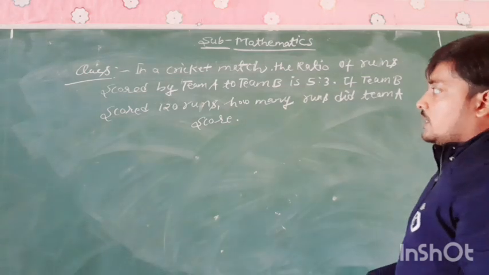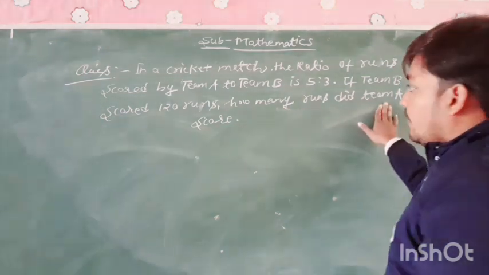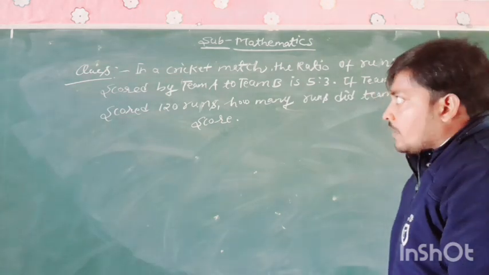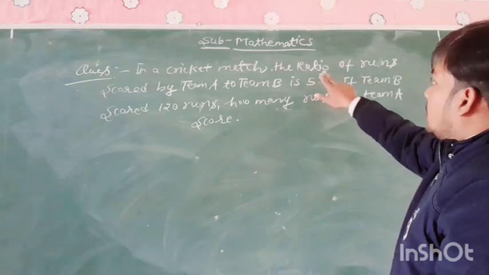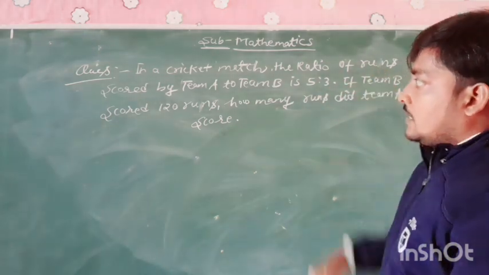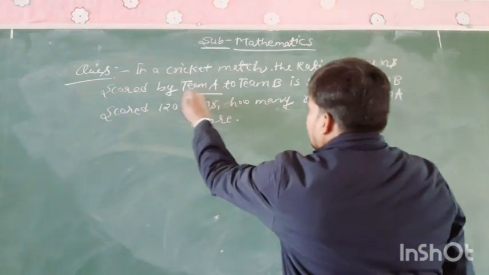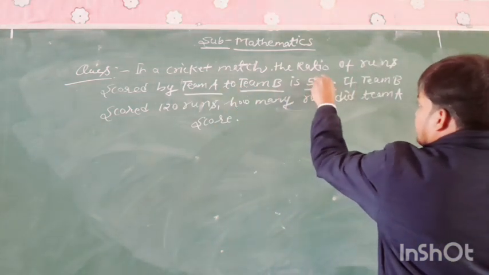In this question we have to find how many runs team A scored in a cricket match. And in this problem the ratio of runs scored by team A and team B is 5:3.